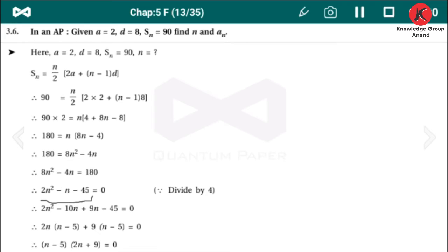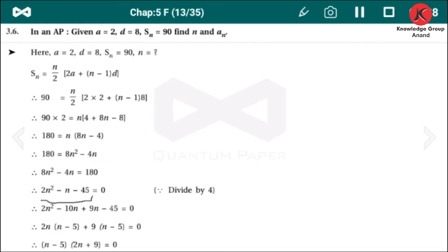Again this question: a is equal to 2, d is equal to 8, Sn is equal to 90, find n and an. We use the formula Sn is equal to n by 2 into bracket 2a plus n minus 1 into d. We do not use Sn is equal to n by 2 into a plus l here, because l, that means an, is not given.